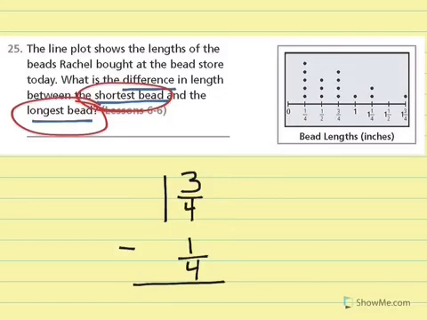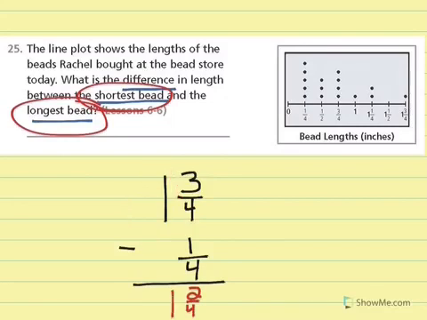Okay, so what is 3/4 minus 1/4? 3/4 minus 1/4. Okay, so 3/4 minus 1/4 would be 2/4. Then, of course, we have 1 whole minus nothing, which is 1.